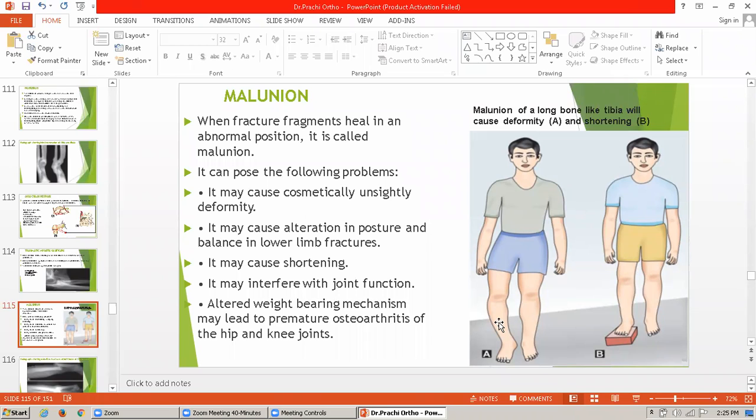So in the deformity there is alteration in posture and balance in lower limb fractures, and it may cause shortening. It may interfere with joint function and alter the weight bearing mechanism, which may lead to premature OA of the hip and knee joint.